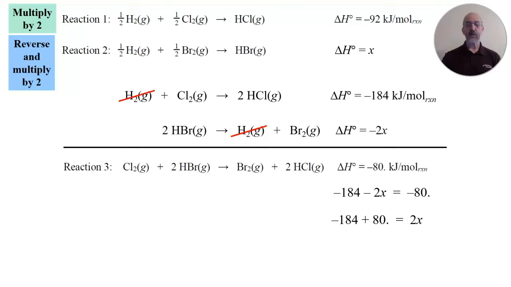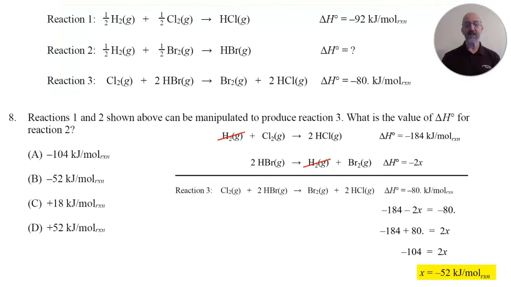Negative 184 plus 80 is equal to negative 104. And if that equals 2x, then x equals negative 104 divided by 2, which is negative 52. So the correct answer to question 8, which is the delta H for reaction 2, is negative 52 kilojoules per mole of reaction. So that makes the correct answer to question 8 choice B.